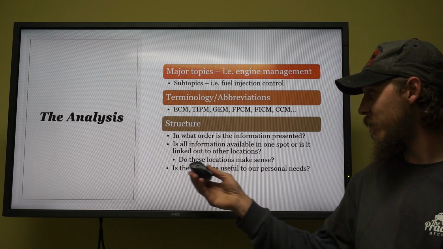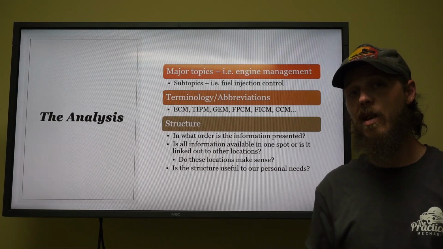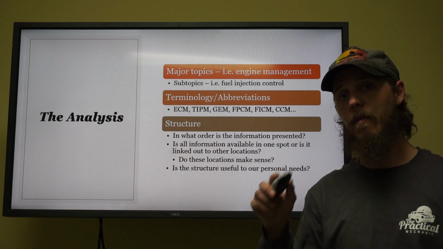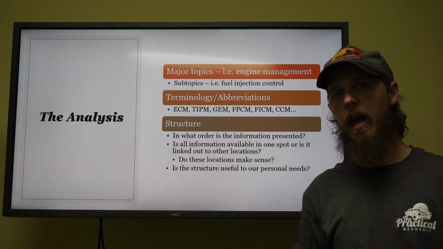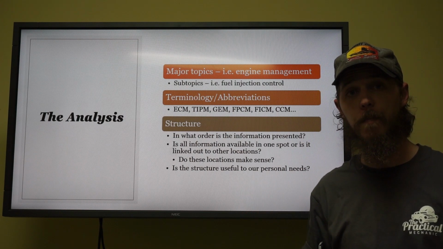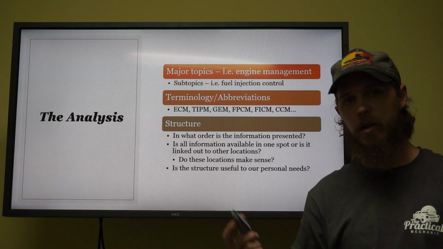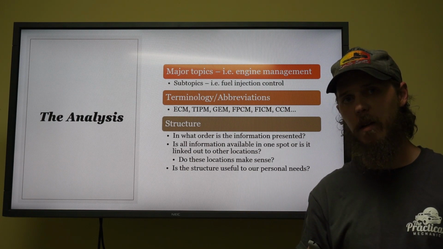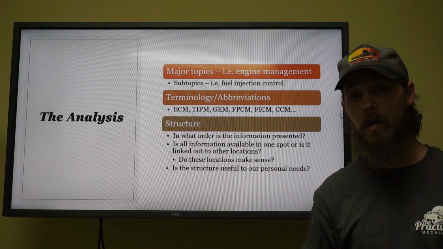Do these locations make sense, and is the structure useful to your personal needs? What that really comes down to is evaluating the information source you use. If you use All Data and you love the layout, continue using it. If you always use the OE service information, but it's hard to keep up on 35 different manufacturers and how they order things, use the OE information when you need it.